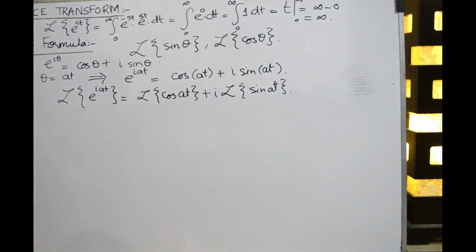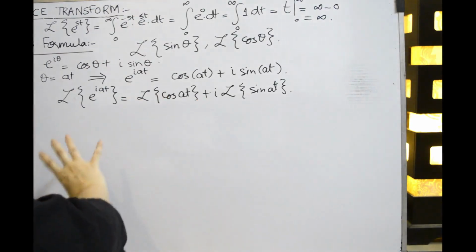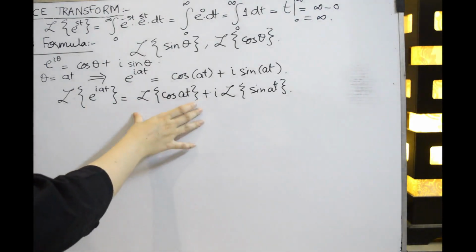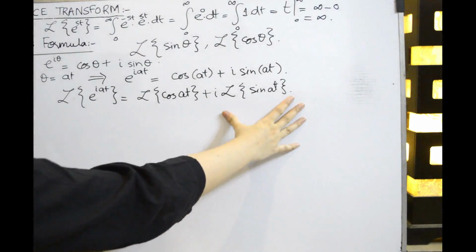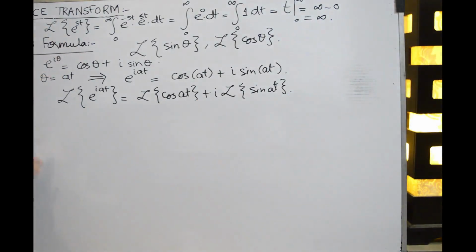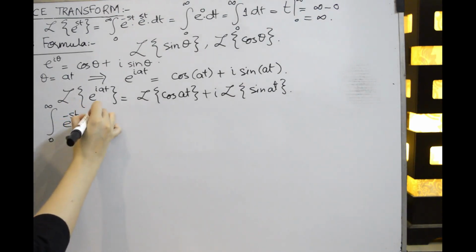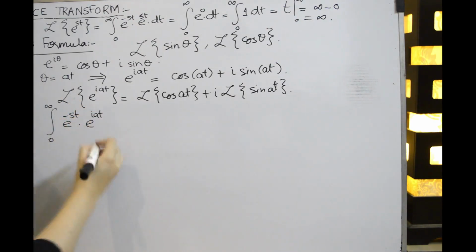Okay, so what we have to do, we will solve only the left hand side, and we will come to the conclusion of what the Laplace of cos of at and the Laplace of sine of at are. So we start from the left hand side. By definition, the left hand side is the integral from 0 to infinity of e to the power minus st into e to the power iota a into t dt, where this time we have iota a as a constant.